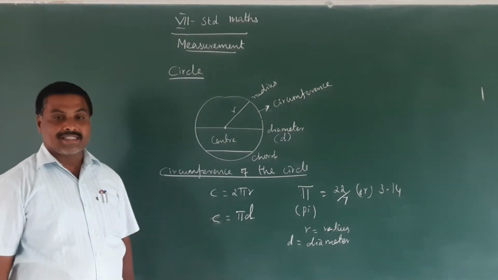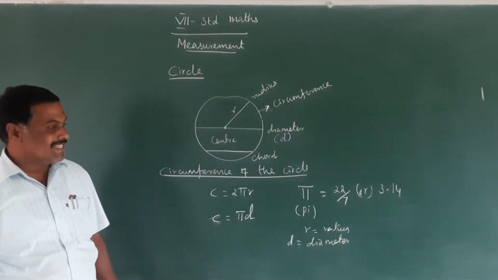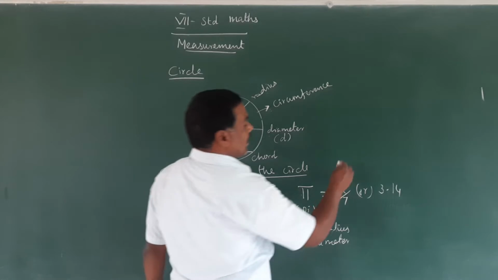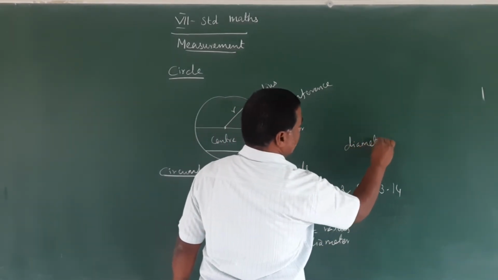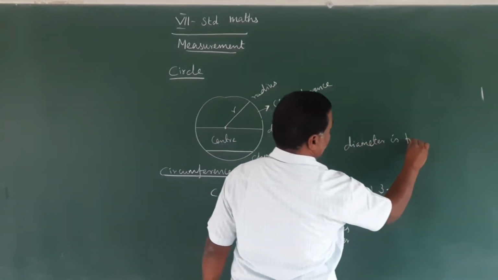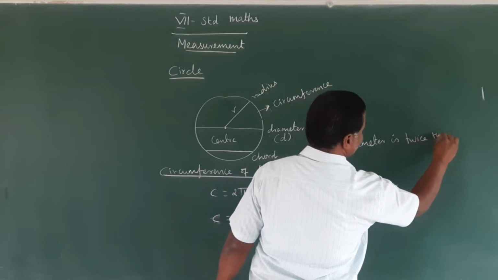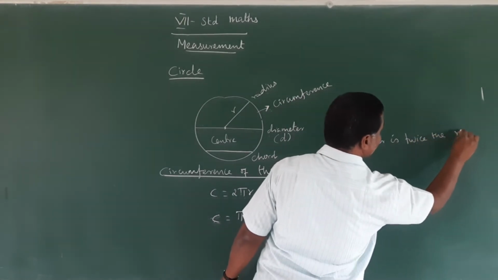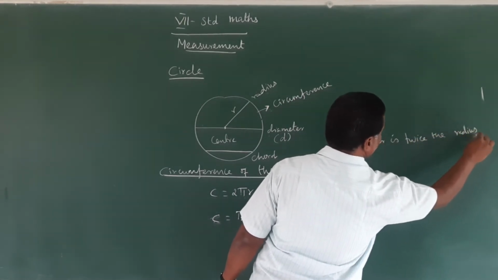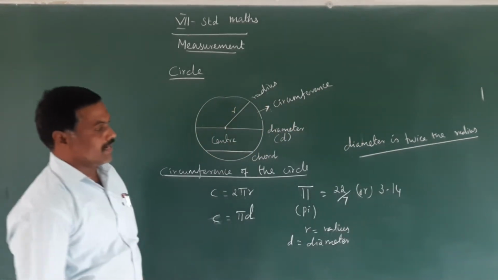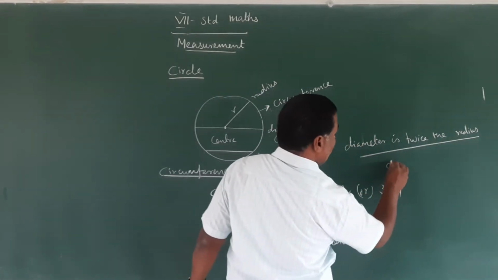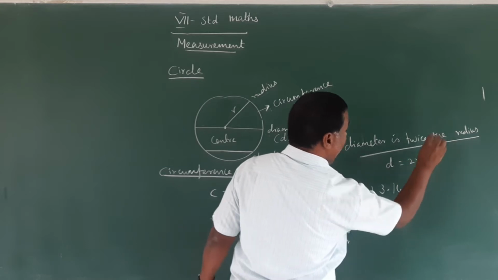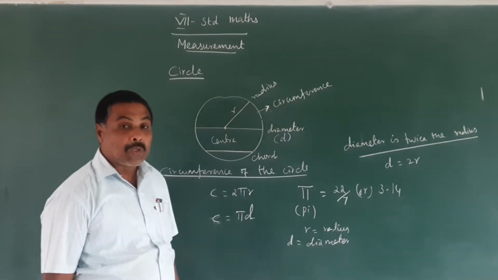The diameter is twice the radius. So D equals 2r.